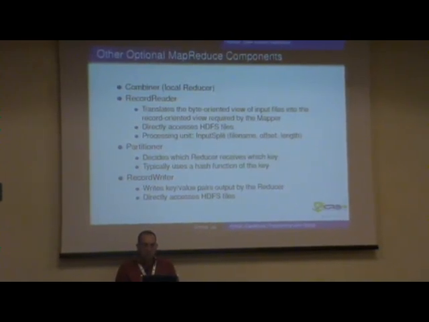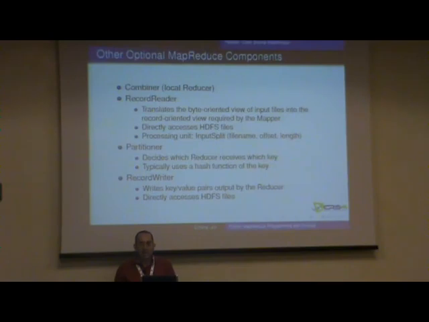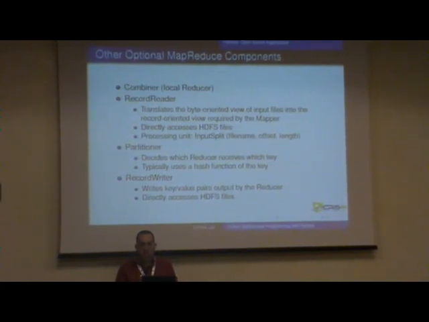The combiner is a local reducer, so it does exactly the same thing as the reducer, but it is done locally inside the mapper process. The goal here is to reduce network traffic.